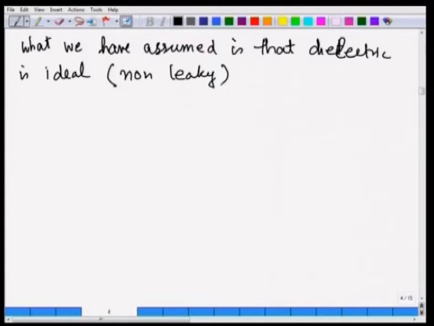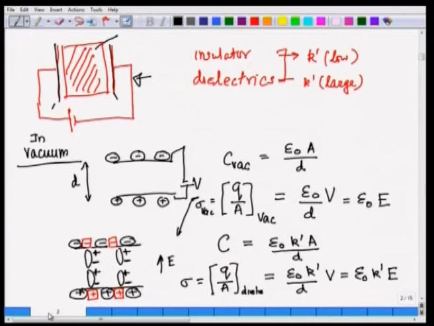What do I mean? I mean we assume that this dielectric material is a perfect insulator. So in this capacitor, when you apply voltage, no current flows. Since this dielectric material is not leaky, just like vacuum, when you apply an electric field there is no conduction whatsoever, and that is our ideal dielectric.